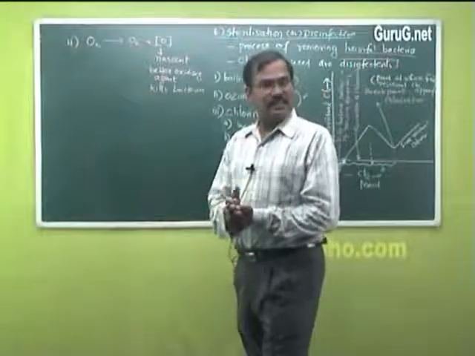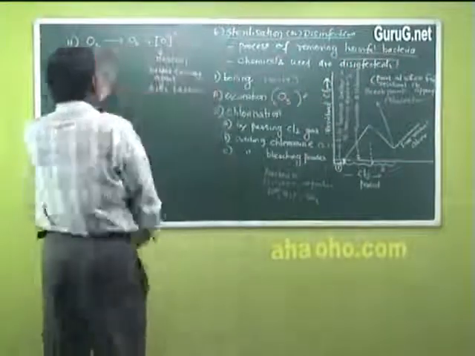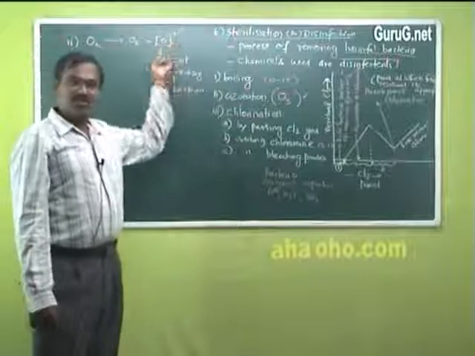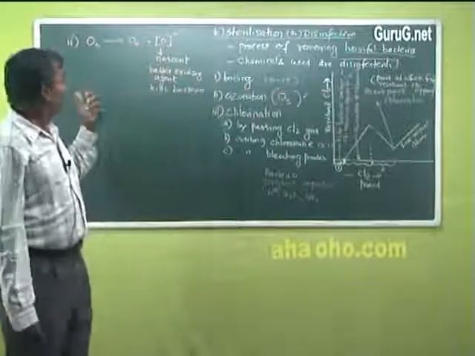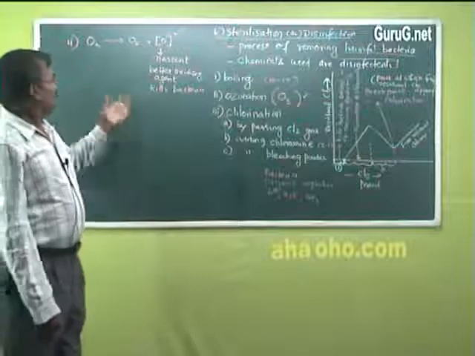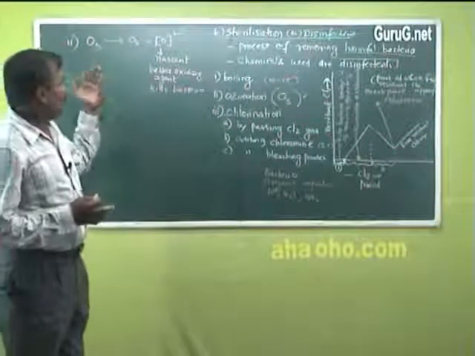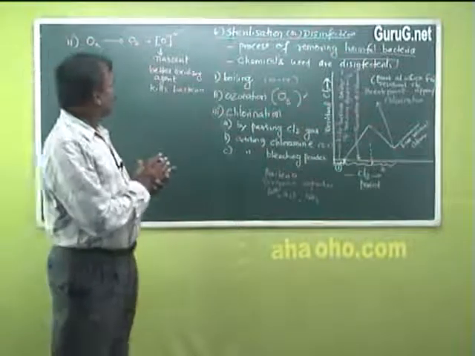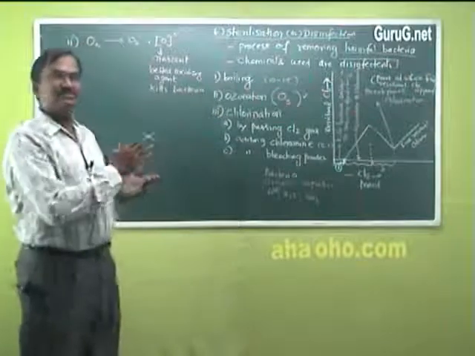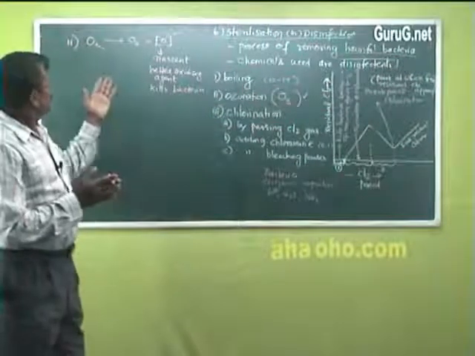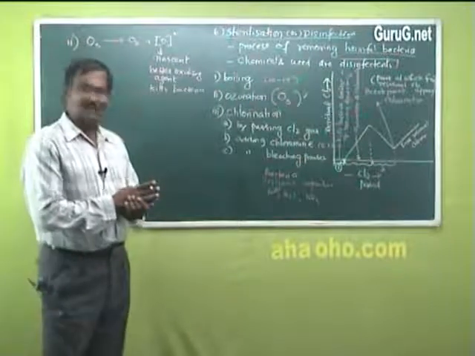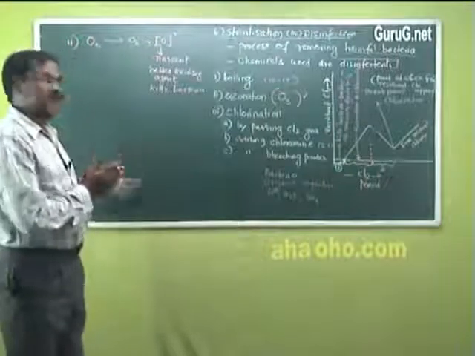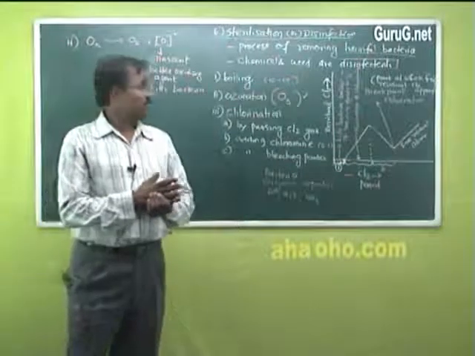Since ozone is highly unstable, it decomposes to give oxygen, O2, which has no use here, and nascent oxygen, newly born oxygen, which has better oxidizing property than even atomic oxygen, and it kills the bacteria in an effective manner. Effect wise it is good, no doubt, but it is costlier when compared with other techniques. So this cannot be used for municipal water supply.